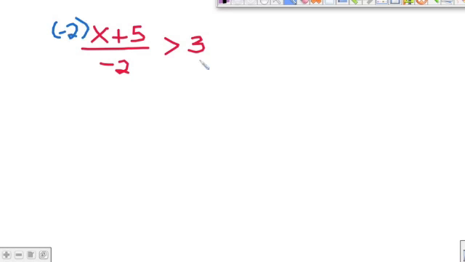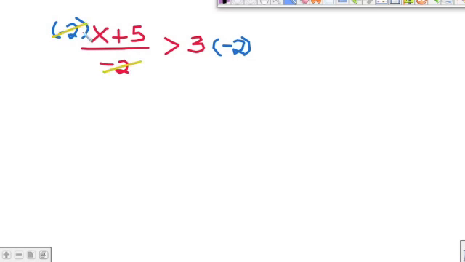Let's try this one. We have x plus 5 over negative 2 greater than 3. All right, now I'm going to multiply by this negative 2, which in some sense, because it is a denominator, I was originally dividing, so that still does flip my inequality around.